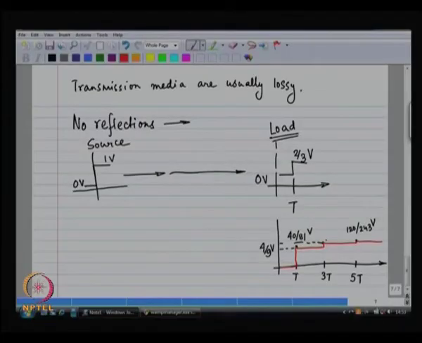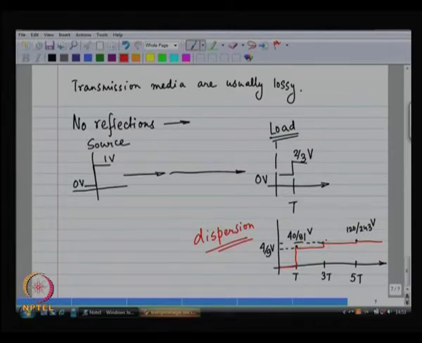This phenomenon is called dispersion, the fact that I got an approximation to a pulse, no longer a pulse.